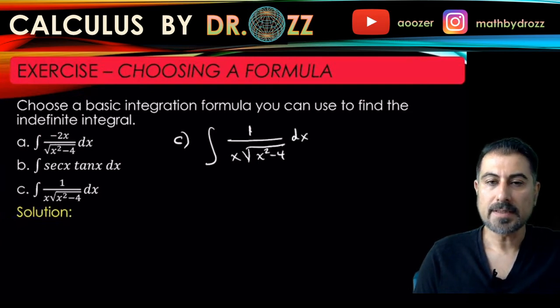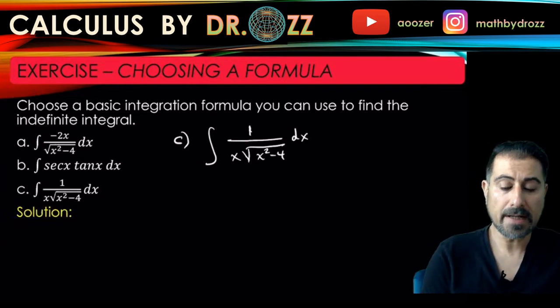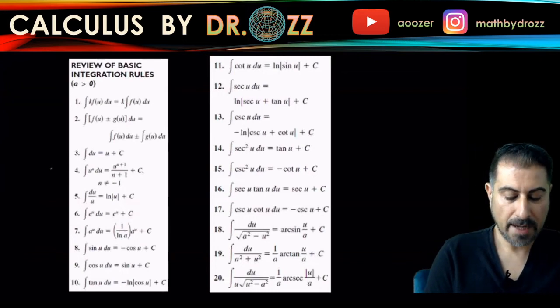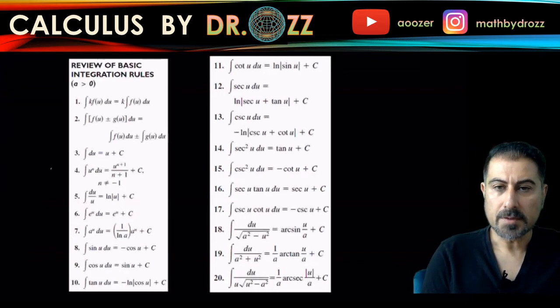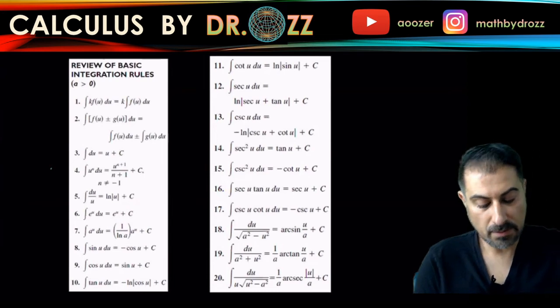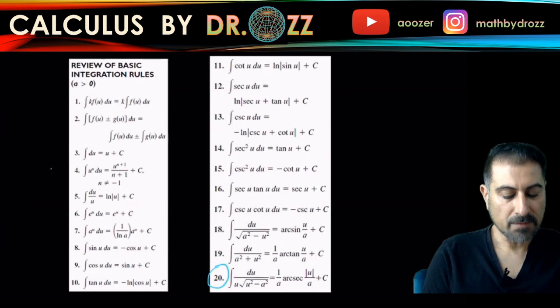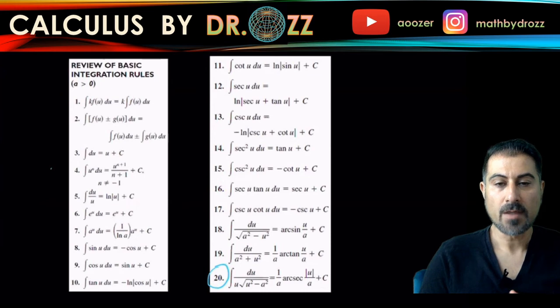All right, in part C, we have 1 over x radical x squared minus 4. Let's go ahead and check which formula is more applicable. Numbers 1 through 10 don't look to be similar. Well, number 20, as you see on the right, is very similar. It's du over u radical u squared minus a squared, which is 1 over a arc secant, absolute value of u over a, plus c.